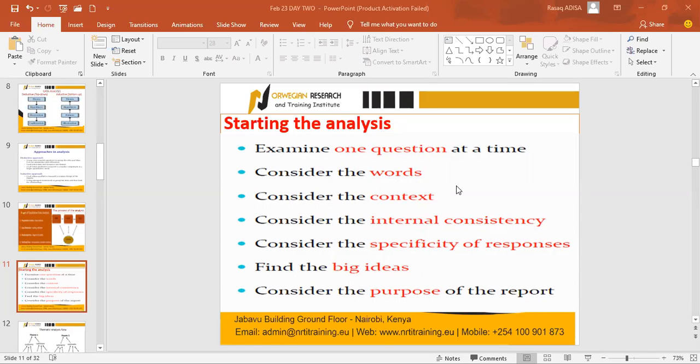So consider the context. The context also applies to the text you are trying to code. Look at the context in which the person is talking, the experience he has gone through.